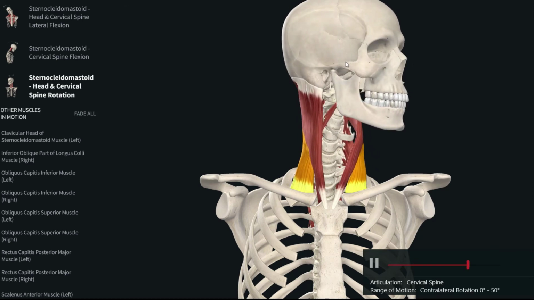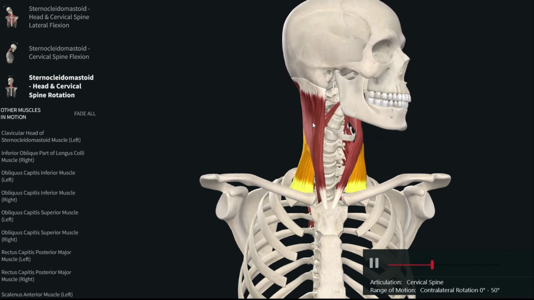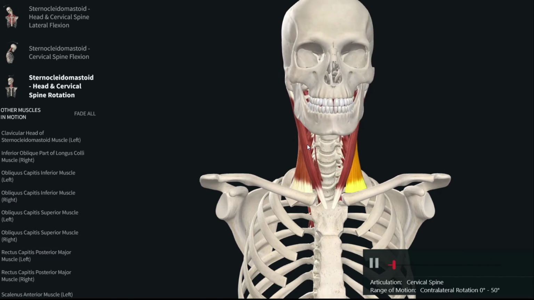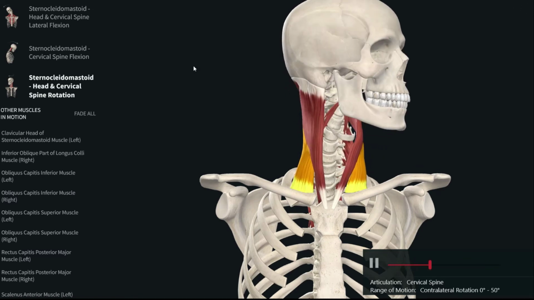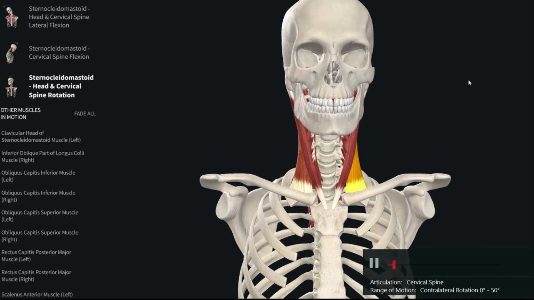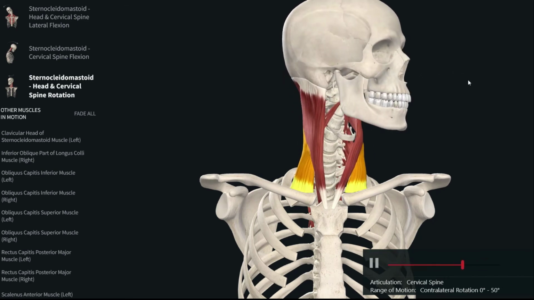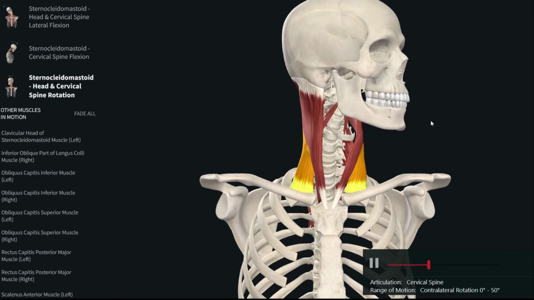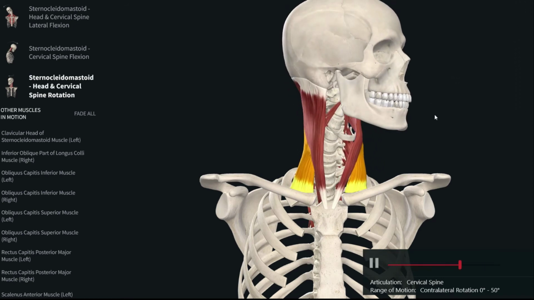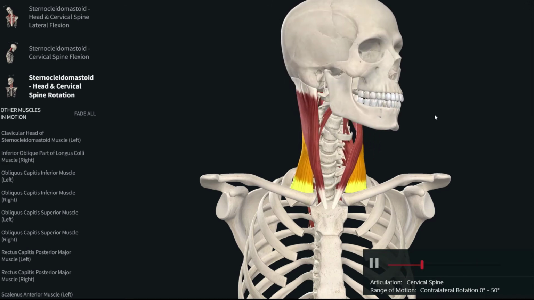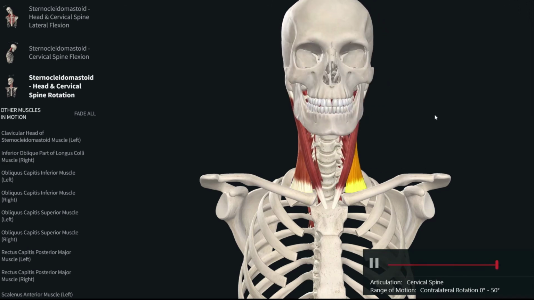So it is the right-sided sternal head of the sternocleidomastoid which is contracting, causing a left-sided rotation of the head. Now, this has a particular anatomical literature behind it. This kind of motion is known as a contralateral rotation.